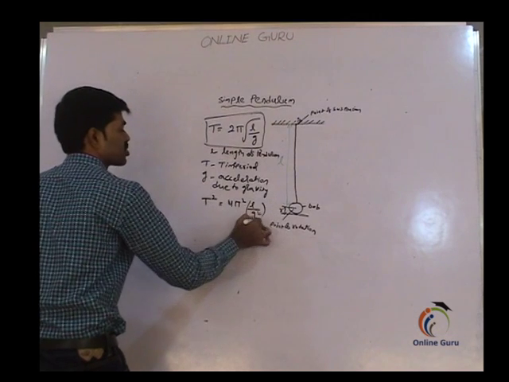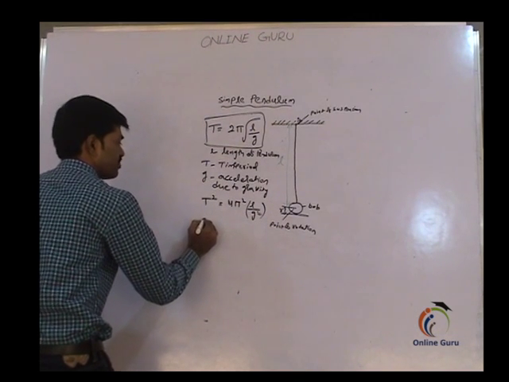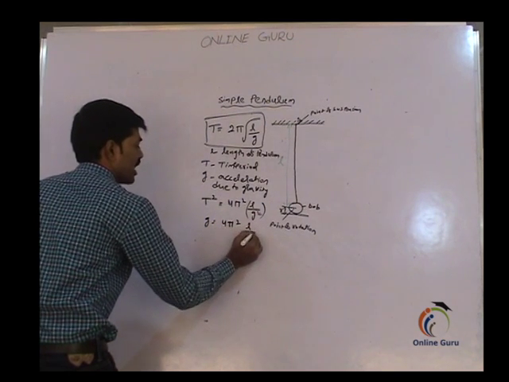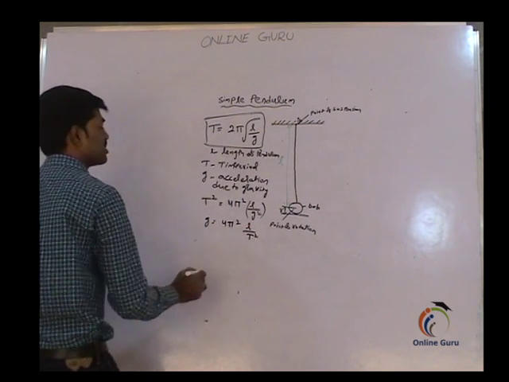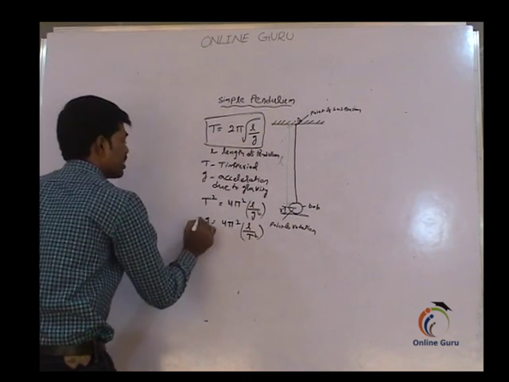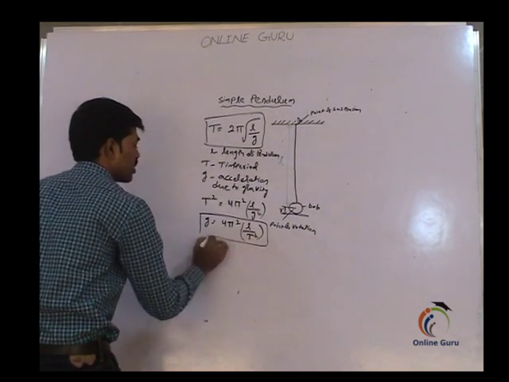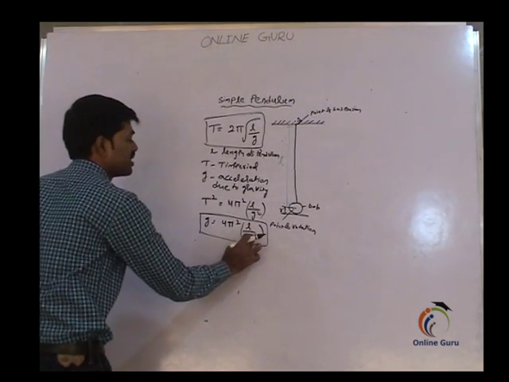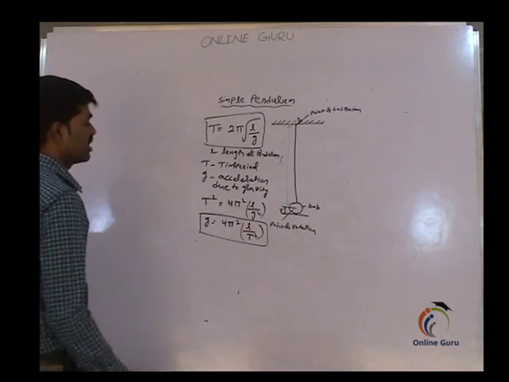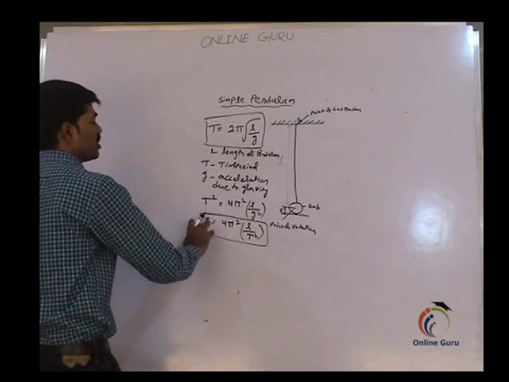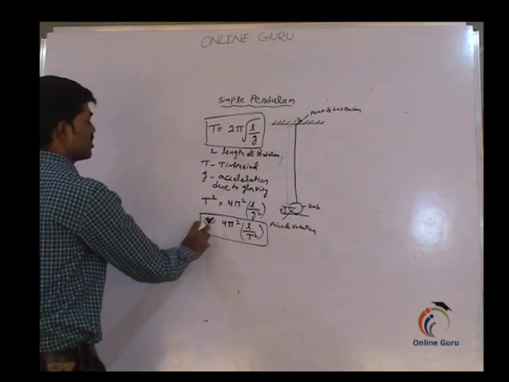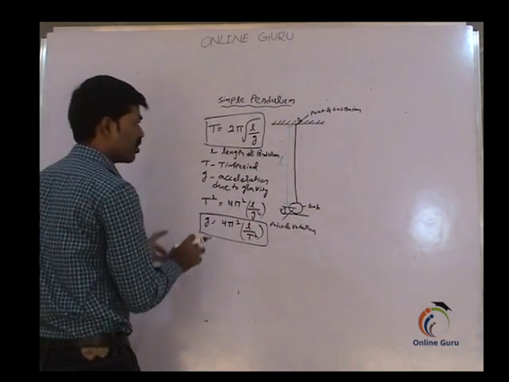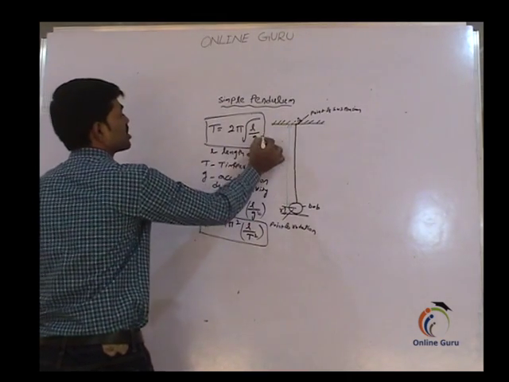This is the formula for determination of acceleration due to gravity, where L is the length of the pendulum and T is the time period of the pendulum. So, for practical purposes, the determination of g formula is this one.